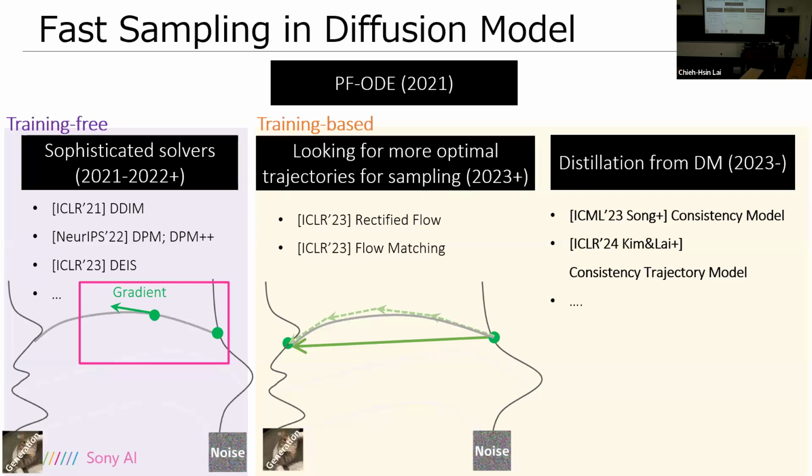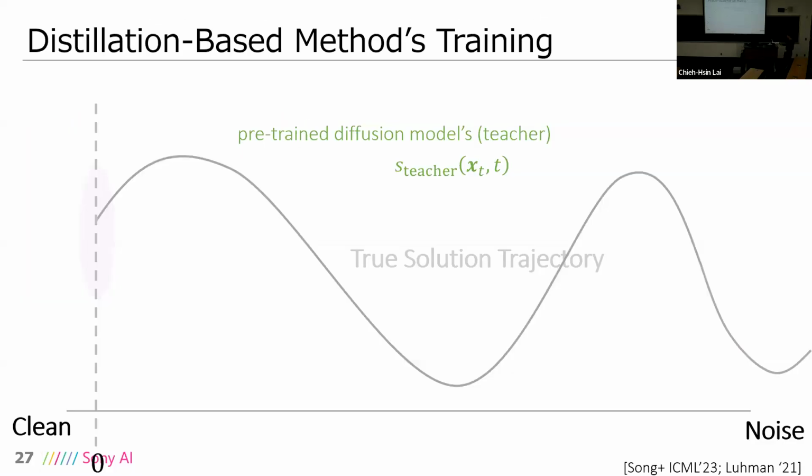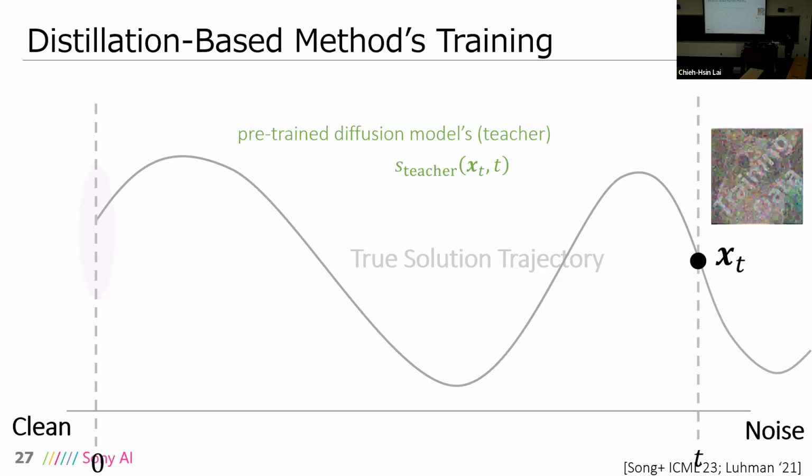Okay, so I'm going to focus on the distillation-based approach: how to distill your pre-trained diffusion model's sampling steps, which originally take like 1,000 steps, into fewer steps, say 1 or 2 steps. The idea is actually very simple. Diffusion model generation is equivalent to ODE solving, right? We call the solver and plug it in for generation.